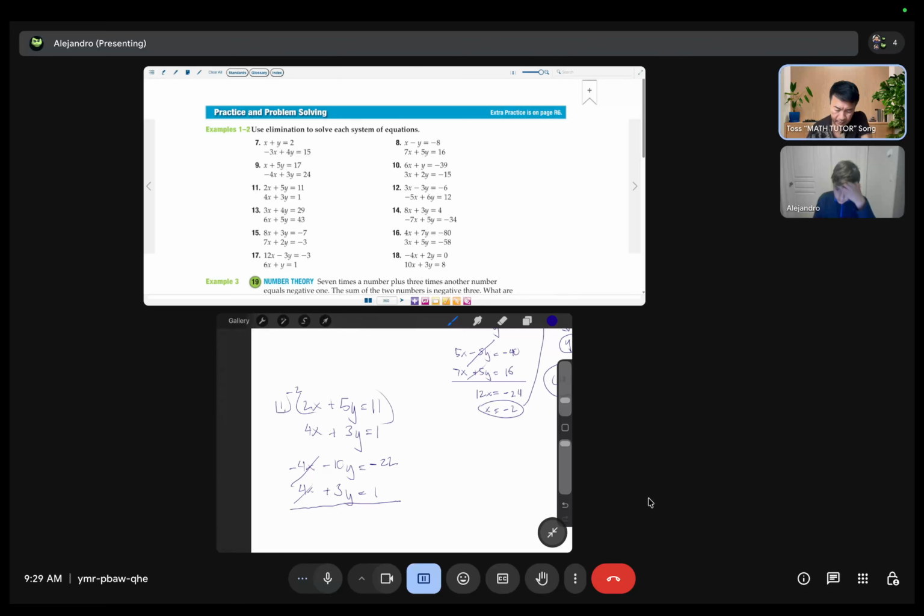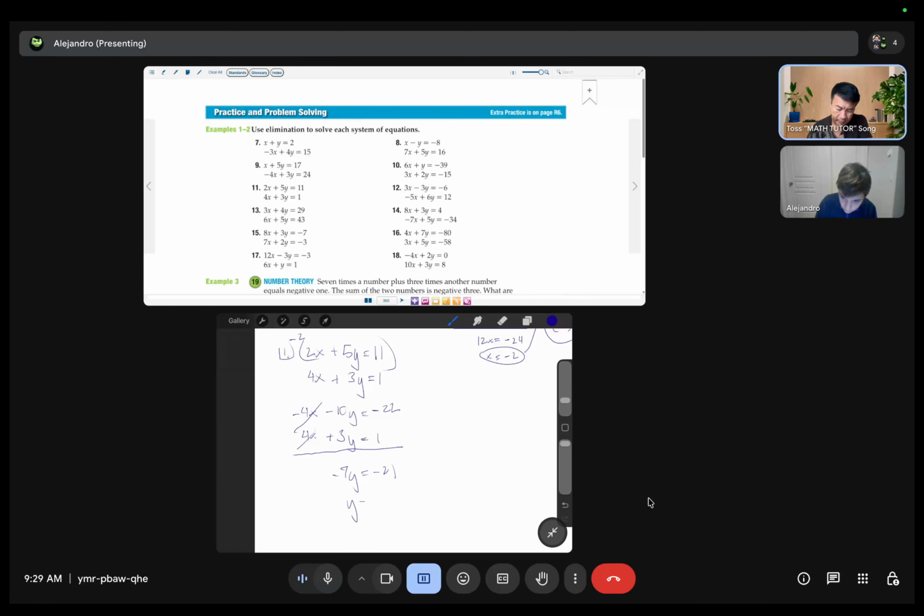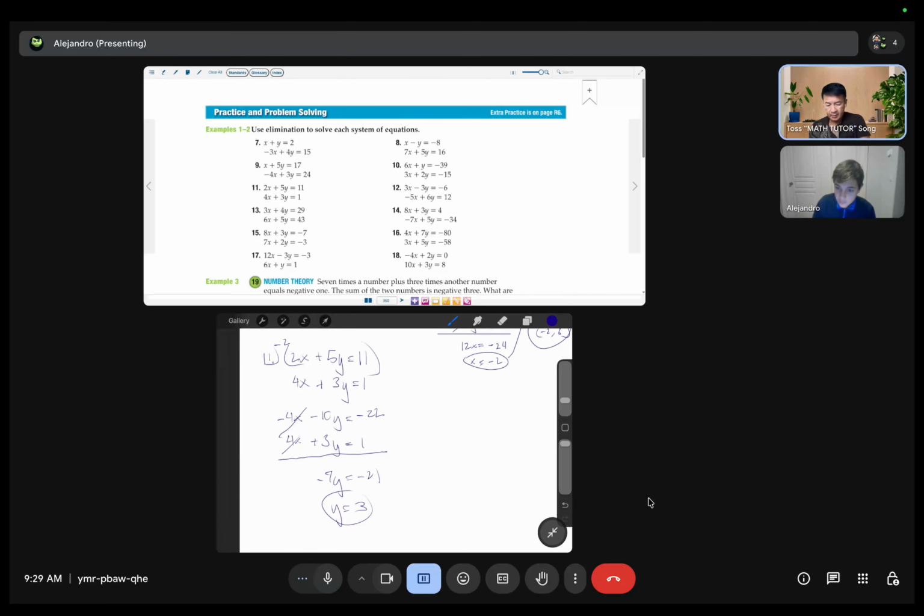Yeah. Take out the x terms, the 4x, and we get negative 7y equals negative 21. Y equals 3. Yep. Then solve for x. In my case, I would use the second equation. It doesn't matter. Is that okay?